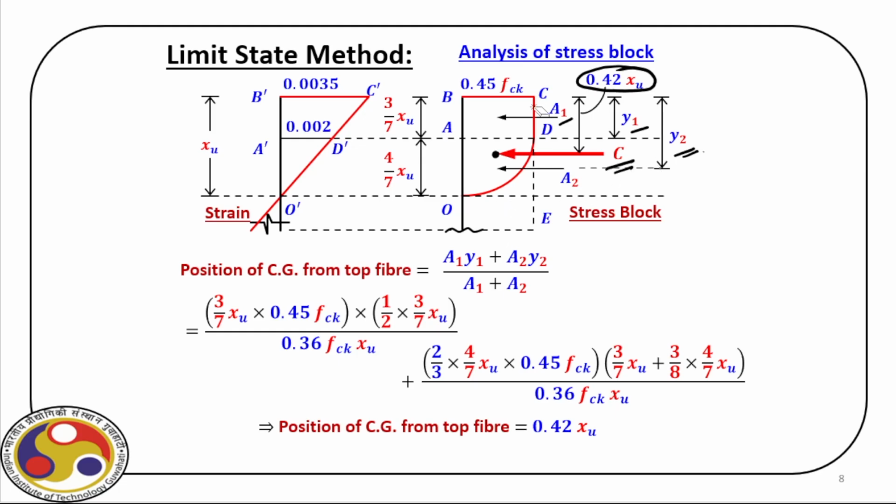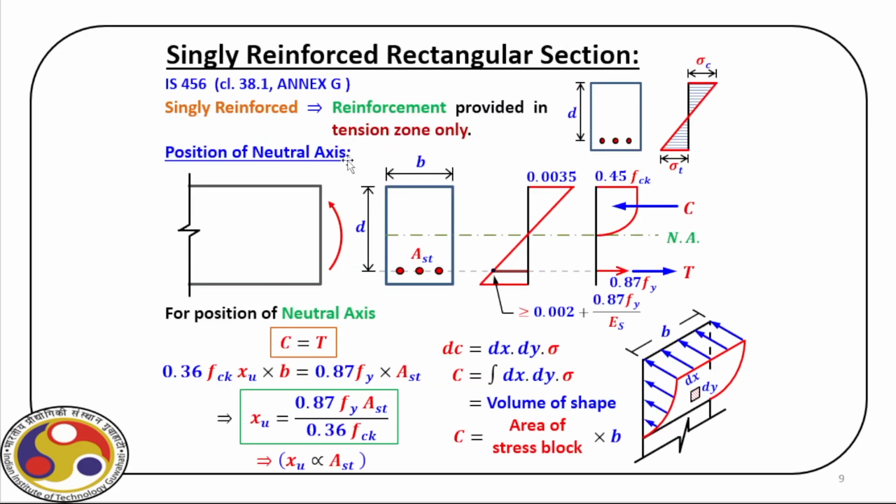Now, we have the total area of the stress block, and we have also figured out the location of this compressive force in the stress block. Now, let us move further.